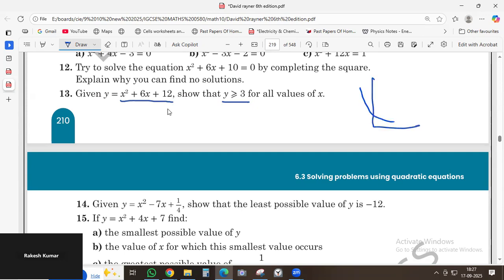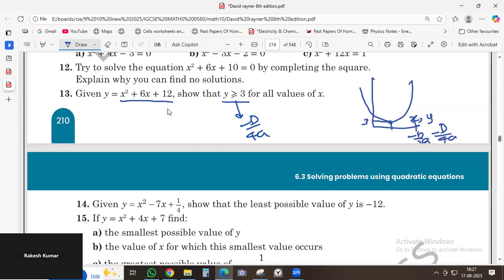That means y will have a minimum value of 3. So this is that vertex's coordinate. The coordinates of this are minus b by 2a and minus d by 4a. So the y value is minus d by 4a.